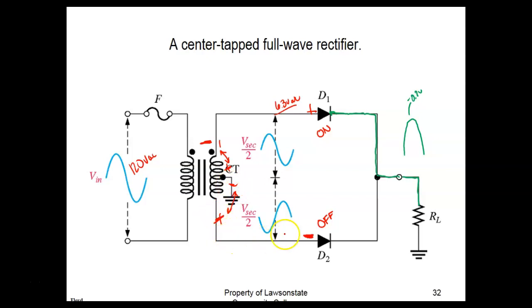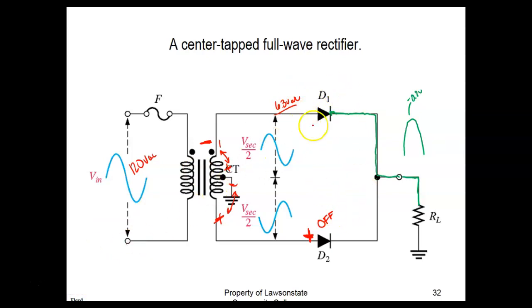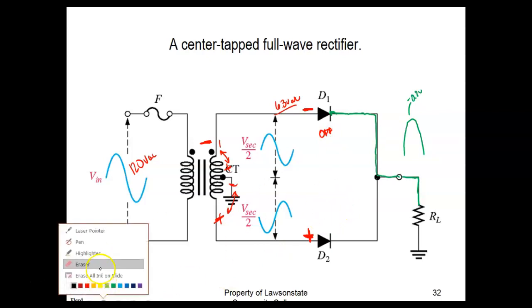So what that's going to do is come over and put a positive on this guy. It's going to put a negative on the anode of this one. This guy right here is going to turn off. This guy here is going to turn on.